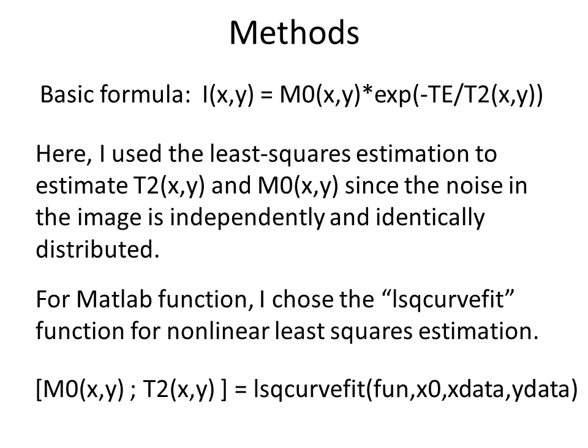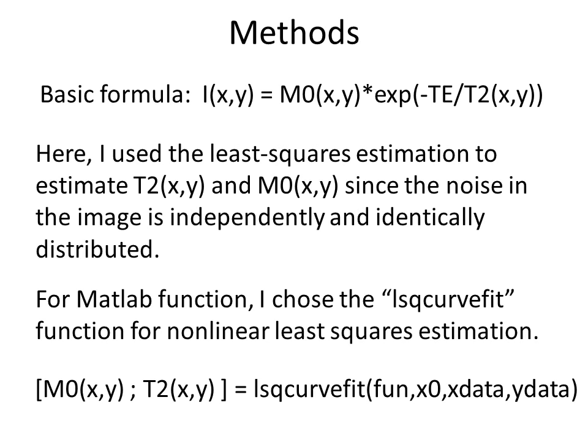The basic formula is the T2 relaxation formula, which is the image equal to the M0 map times the exponential of minus the corresponding TE over the T2 map. And the M0 map here is the magnetization after RF excitation.